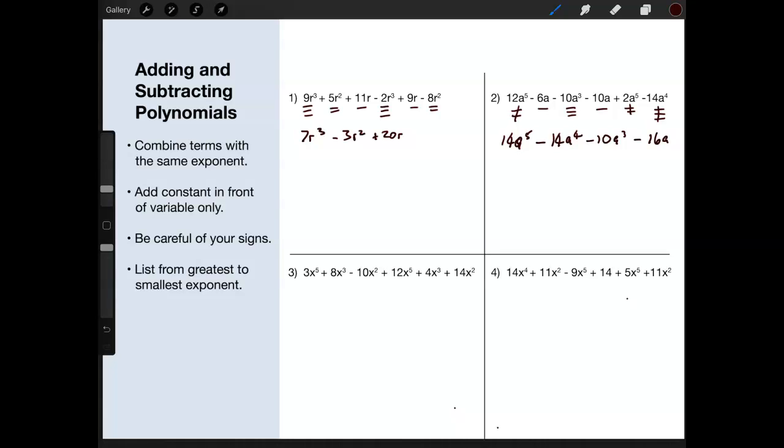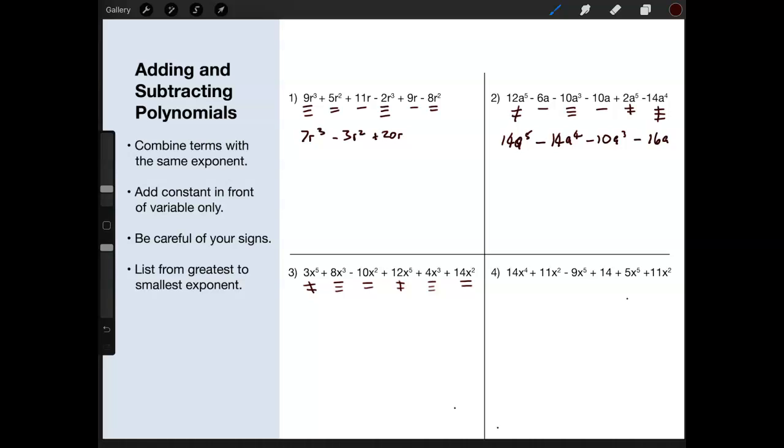For example number 3, we have 3x to the 5th plus 8x cubed minus 10x squared plus 12x to the 5th plus 4x cubed plus 14x squared. We're going to start with the 5th, 3rd, squared, 5th, cubed, and squared.